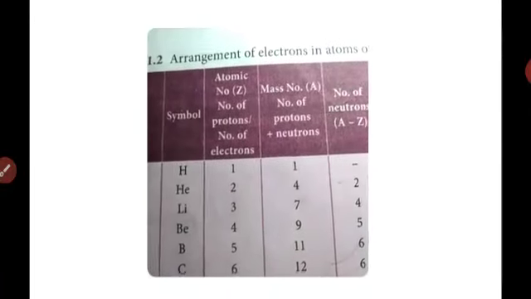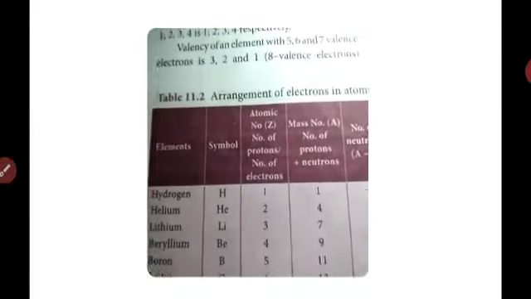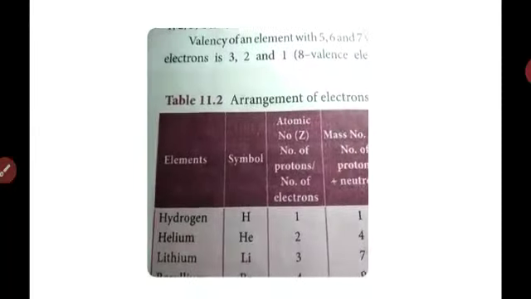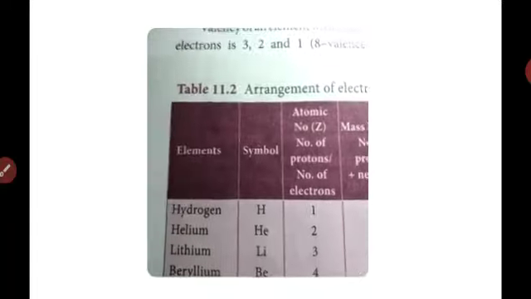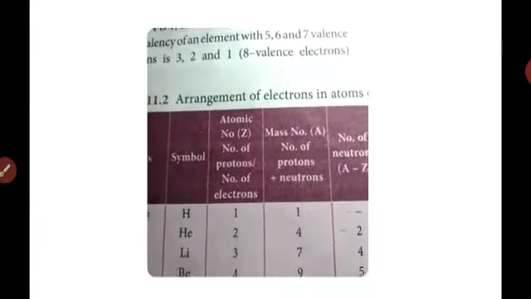You see here, and what is the atomic number, number of protons or number of electrons? You see here hydrogen, the symbol is H and atomic number is 1, you know that.